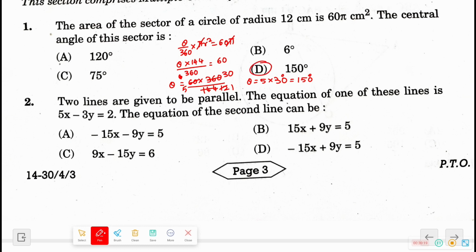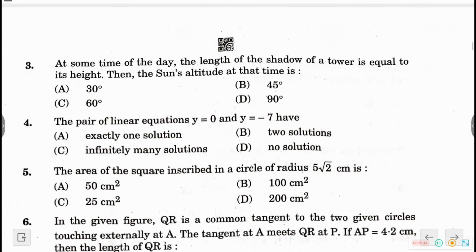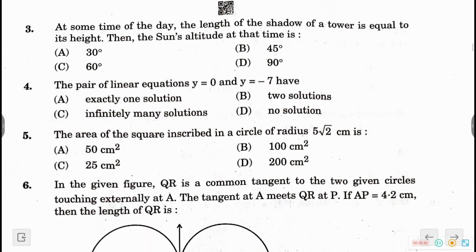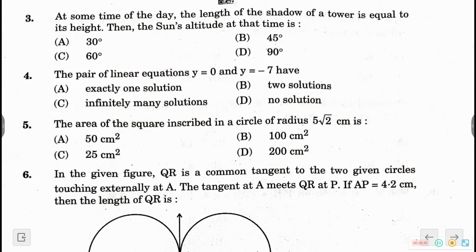Now this one, just now we have done when we discussed set 2. This is set 3 now. In set 2 we already discussed it. This option D is correct because A1 by A2 is equal to B1 by B2 is not equal to C1 by C2 holds for option D. Now question number 3 is repeated in all the 3 sets.